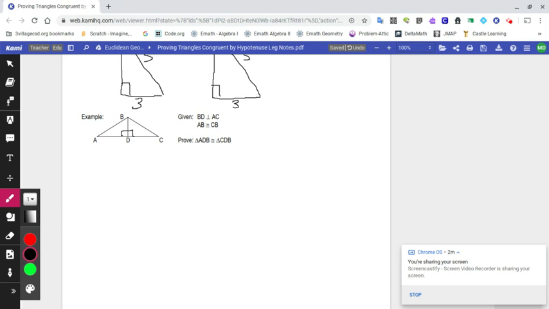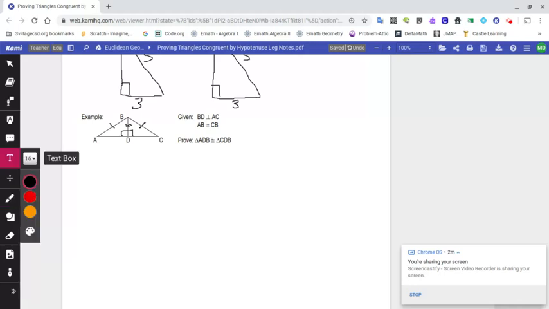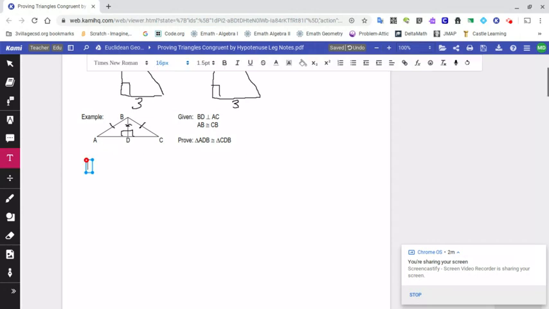AB is congruent to CB. Now, based on that and the reflexive postulate, BD is congruent to itself. Well, we have two right triangles, and we have the hypotenuse and leg of one congruent to the hypotenuse and leg of the other. We know they must be congruent triangles.